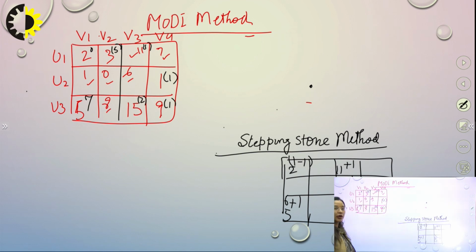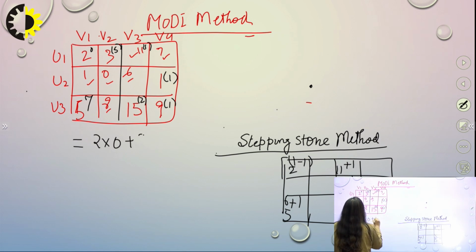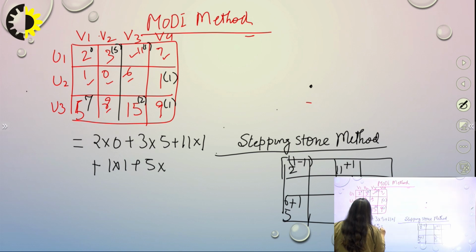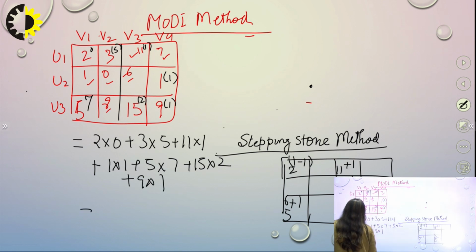Now we will find out the cost associated with it. That comes out to be 2 into 0 plus 3 into 5 plus 11 into 1 plus 1 into 1 plus 5 into 7 plus 15 into 2 plus 9 into 1.